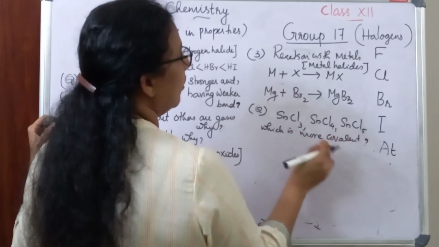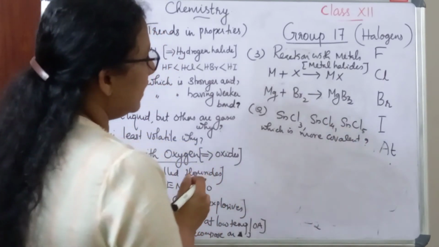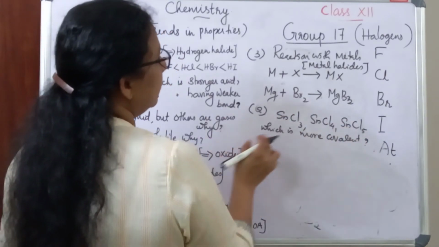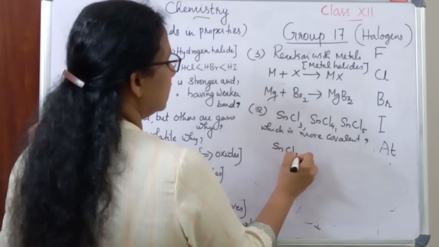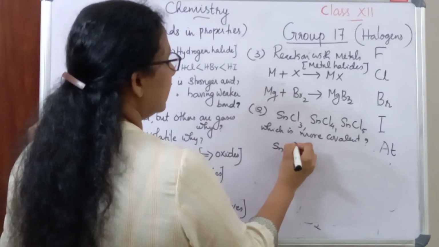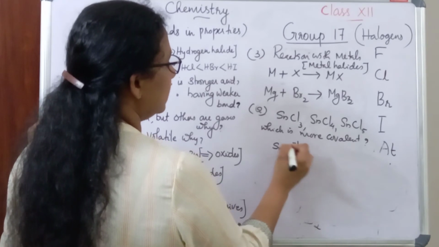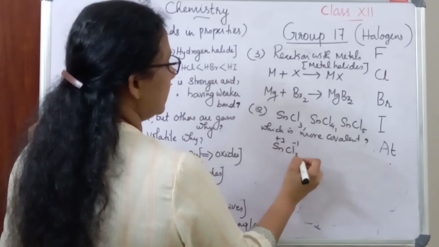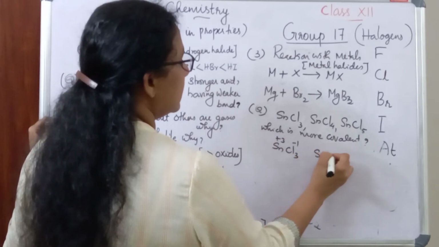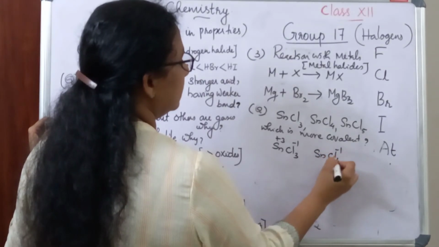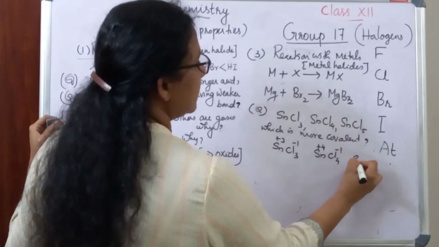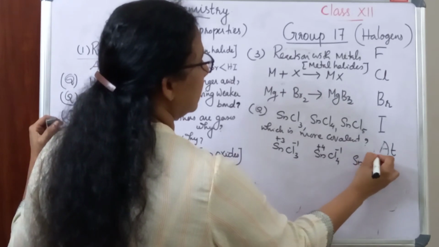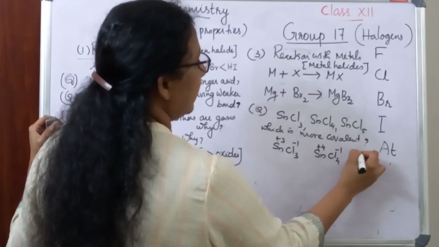Which is more covalent among these metal halides? Here we need to find out the oxidation state. SnCl3, here Cl is -1, so it will be +3. Then SnCl4, it is +4. SnCl5, it will be +5.